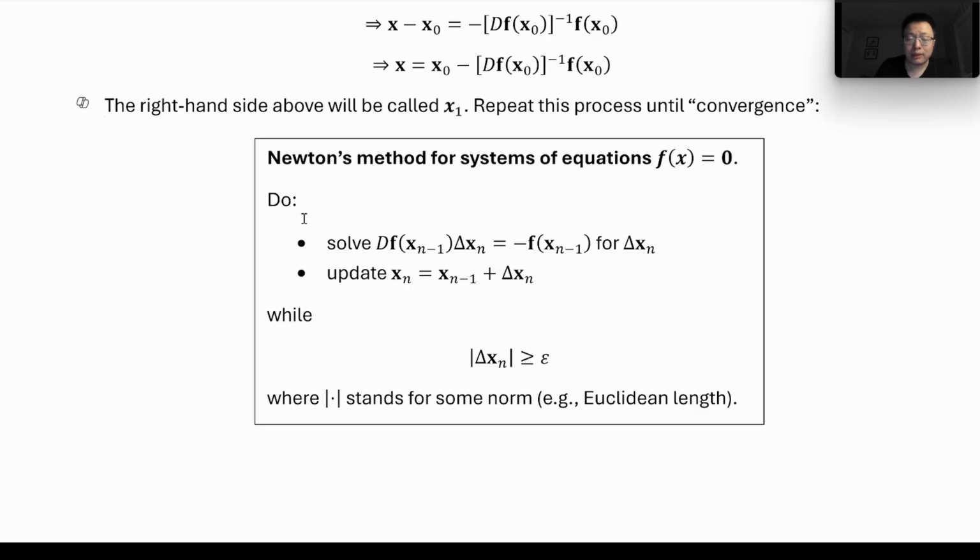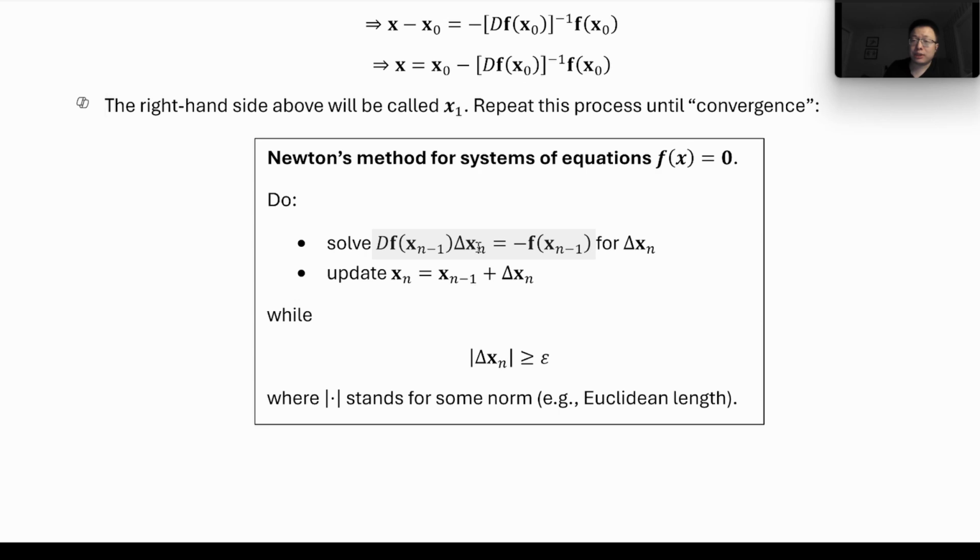So that's why in our method we say first we solve the linear system, df times delta xn equals minus f. Mathematically, this is equivalent to inverting the Jacobian. The delta xn we just solved can be seen as an increment, and the new xn will just be the old xn plus this increment, and that's our update.